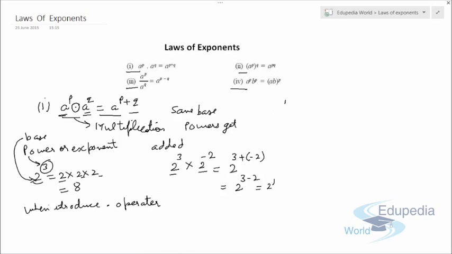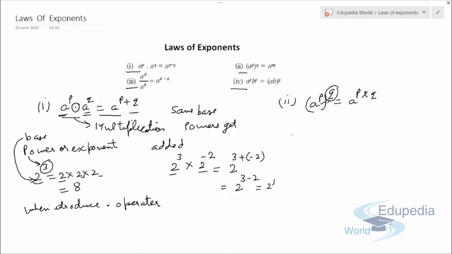Now the second law is a raised to power p, whole raised to power q, equals a raised to power p into q. Means whenever we have a base with power p, and we keep the whole as the base and again have the power q, then the powers get multiplied.